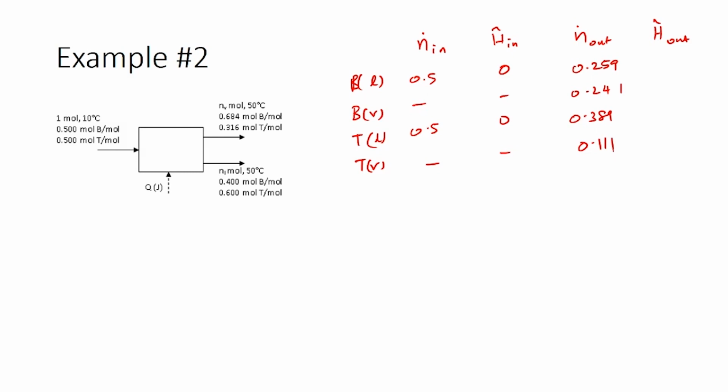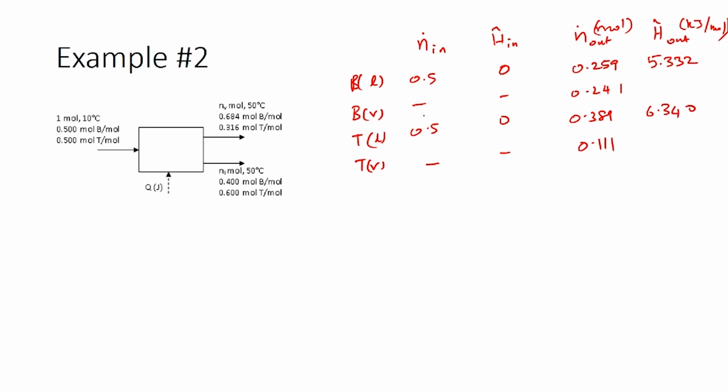The H1 cap, H2 cap, H3 cap and H4 cap that have been calculated would be, H1 cap is 5.332, all these are in kilojoules per mole and these values are in moles, and we have toluene liquid which is leaving would have a specific enthalpy of 6.340.